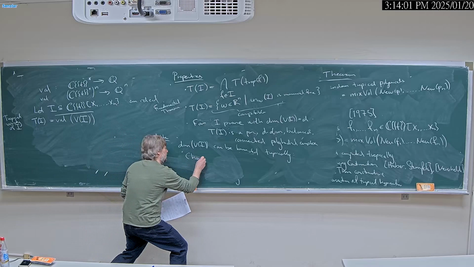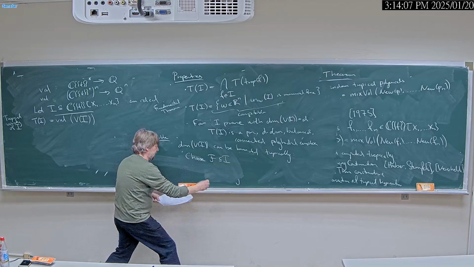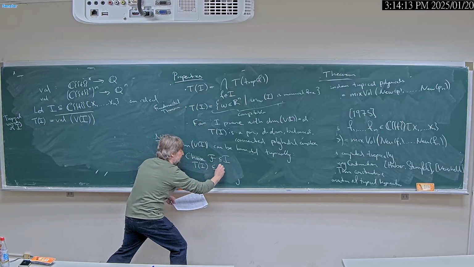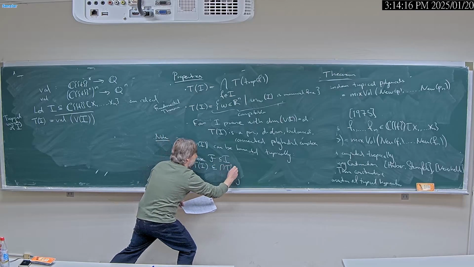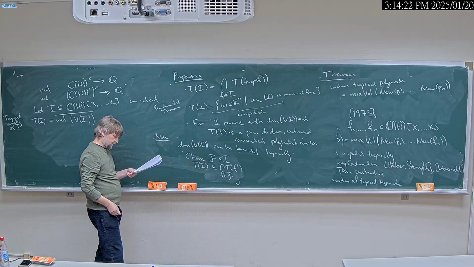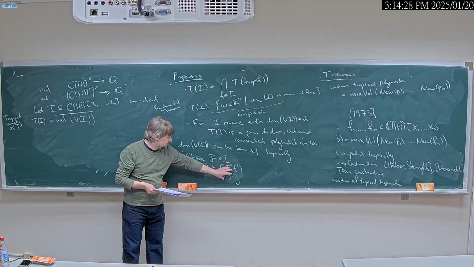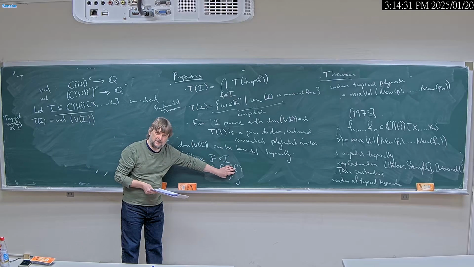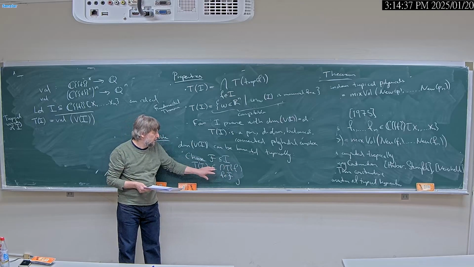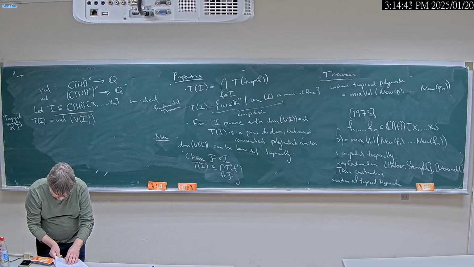You choose some set of polynomials f in the ideal, and then by the first point up there, T of I sits inside the intersection of T of f, where f runs through the chosen set. And therefore if you can choose some f's so that you get the dimension of this complex to be small, then you also get a bound on the dimension of T of I. That's going to be used soon.